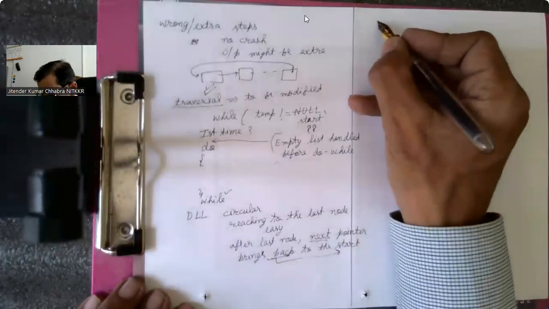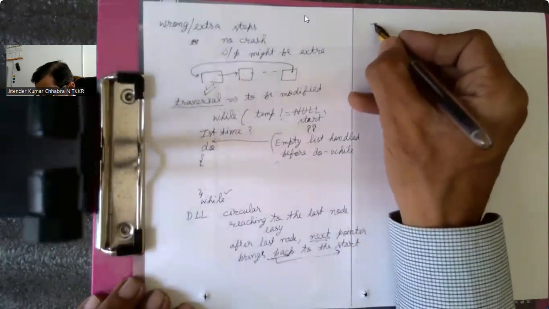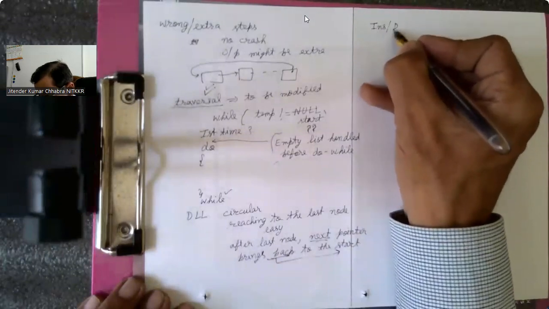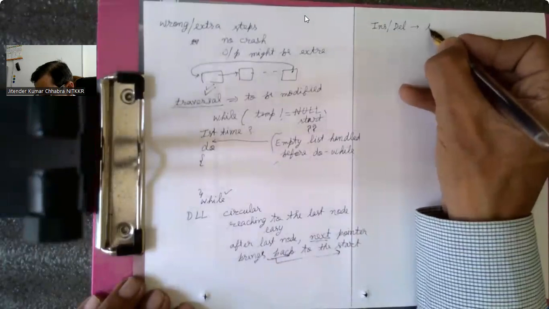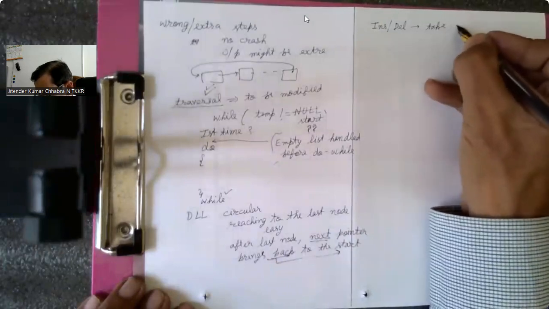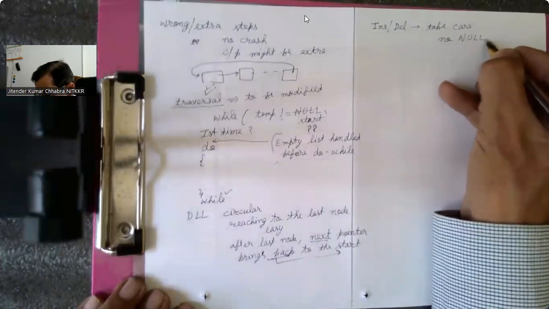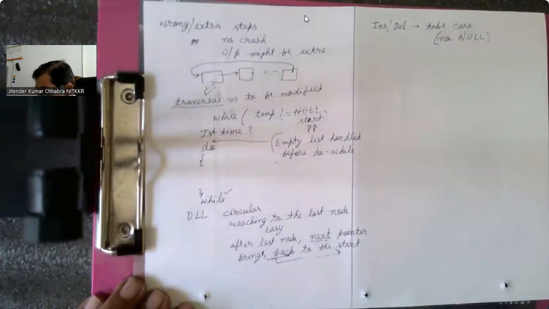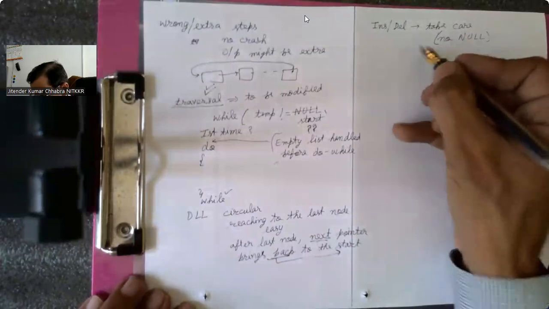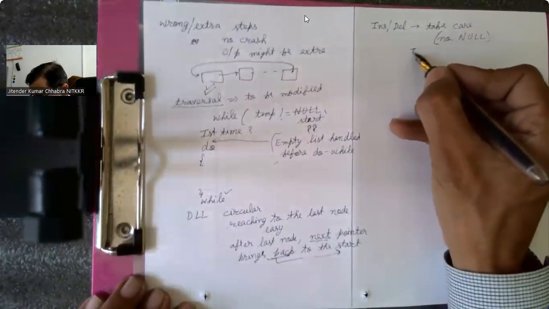So accordingly, you have to take care in insertion or deletion also. No null pointers. No null will be a condition at all. The extra if which you were using, like insert at the last, was happening in the case of this doubly linked list.